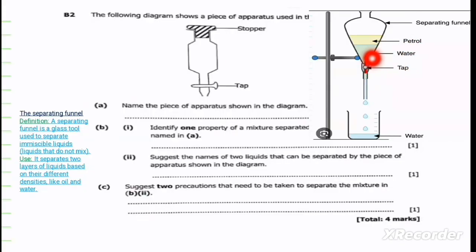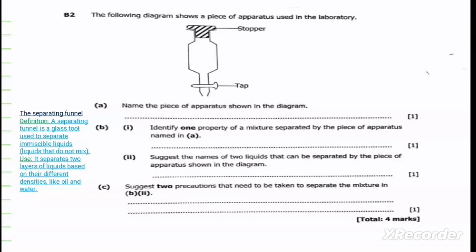You discover that the layer of petrol will be on top, while the layer of water will be on the bottom. We will be adjusting this tap by closing and opening until all the water is poured out from the separating funnel. This is how the apparatus is used.